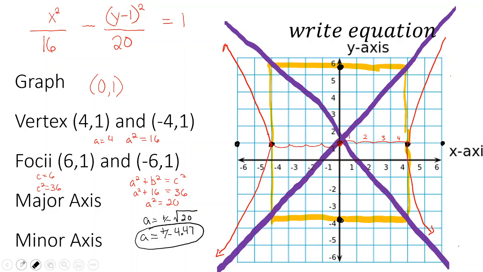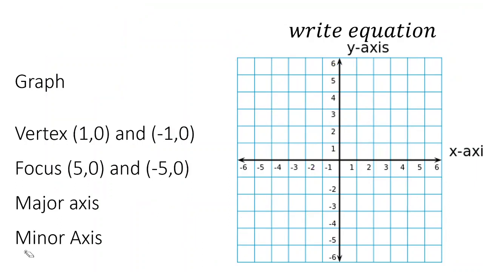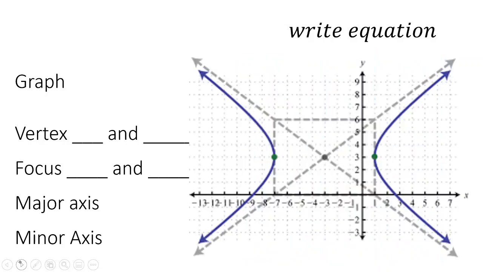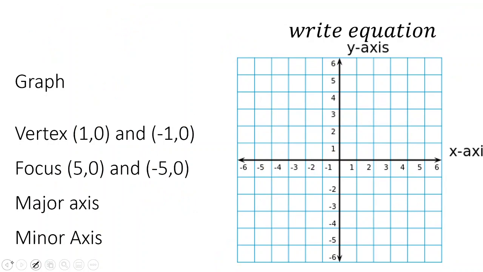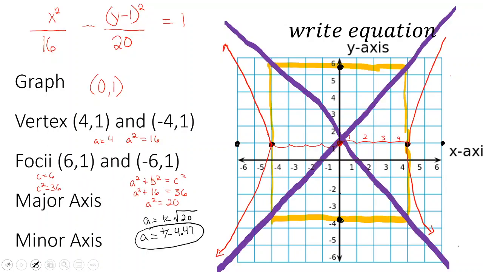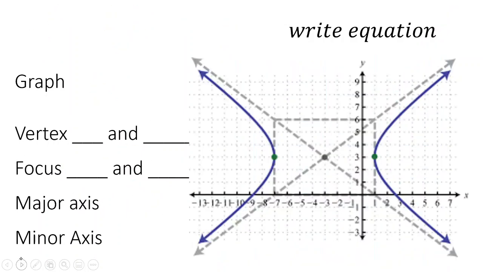It's hard to get hyperbolas that can fit on a graph that's really going to show you stuff. This is the same problem, and I know this video has been going on a while, so I'm going to skip this one, and we're going to move on to the next one. So this problem is just about the same as that one there. So these two are about the same. So for time's sake, I'm going to skip that.